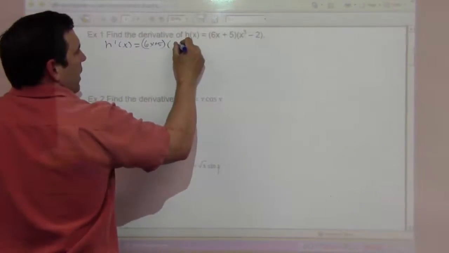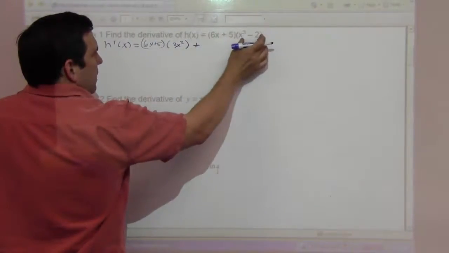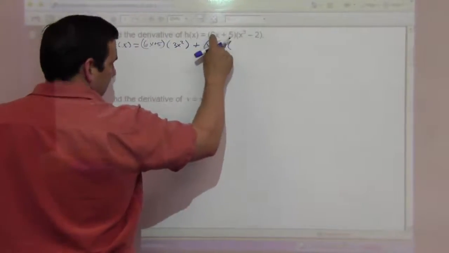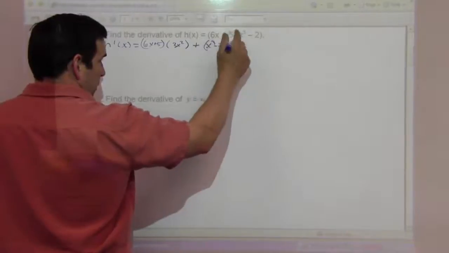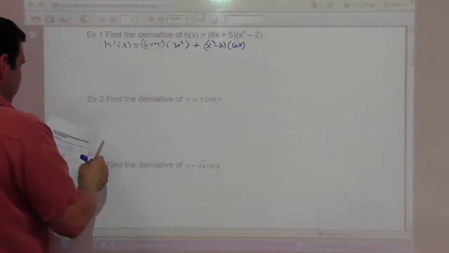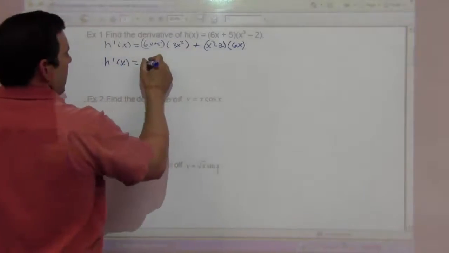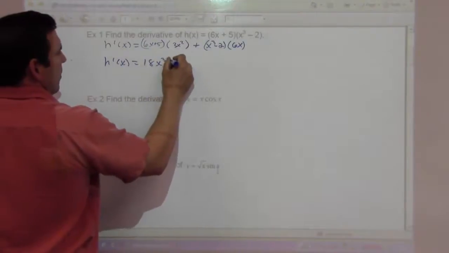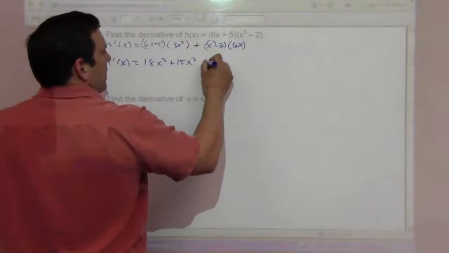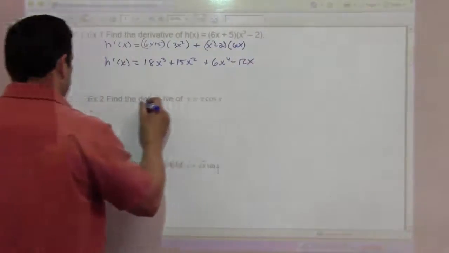That's going to be 3x squared plus this second function x cubed minus 2 times the derivative of the first one, which is just 6x. So our h prime of x is going to be 18x cubed plus 15x squared plus 6x to the fourth power minus 12x.